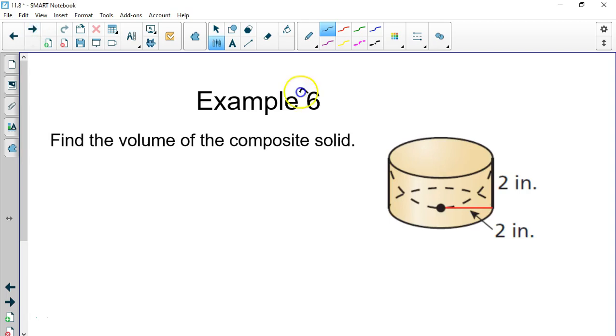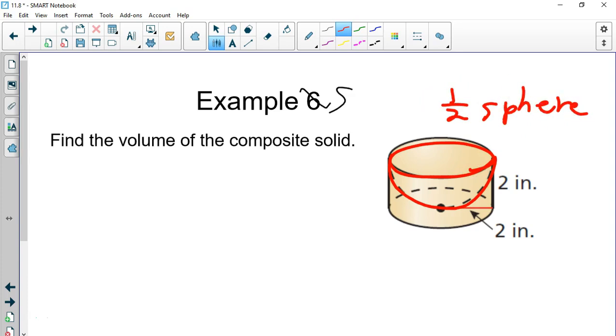And our last example, example 5, find the volume of a composite solid. Now, it might be hard to see what's going on here, but this is a cylinder with a hemisphere cut out of it. And a hemisphere is half of a sphere. So what do we do with this?